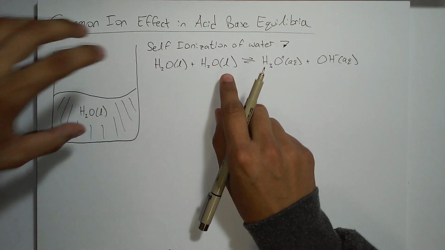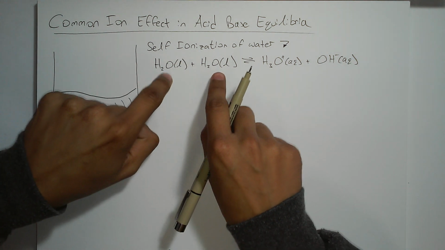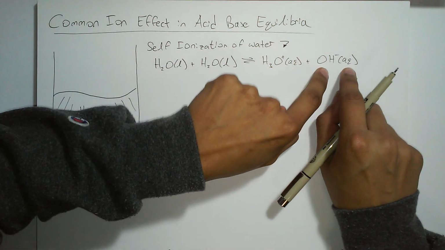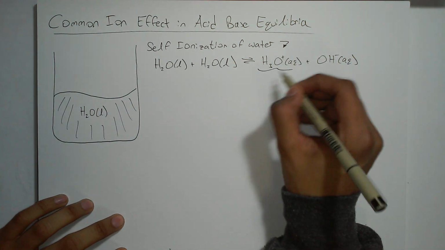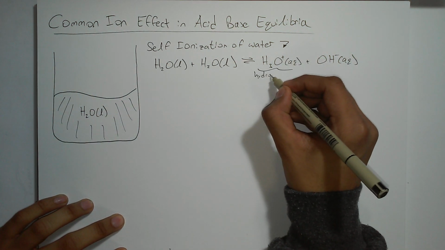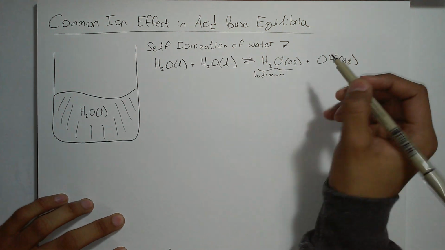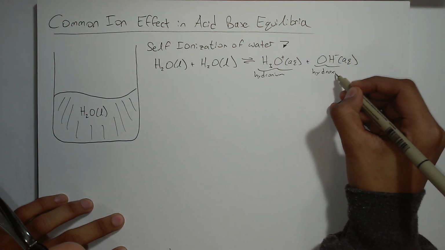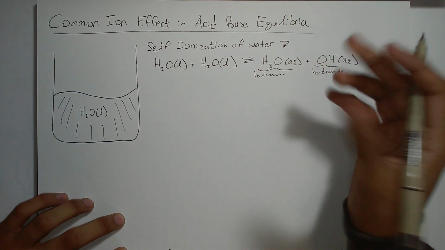So what's going on here is that inside this bucket, water molecules are interacting with one another and you're forming a hydronium ion and a hydroxide ion. Guys, remember this right here is the hydronium ion, which by the way is an acid, and this right here is the hydroxide ion, which is of course a base.